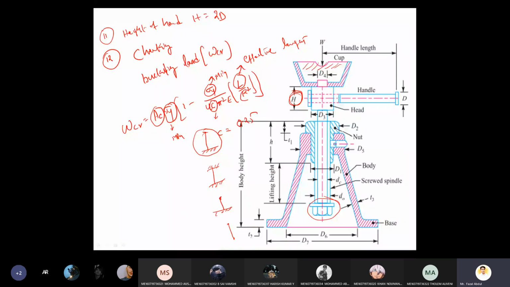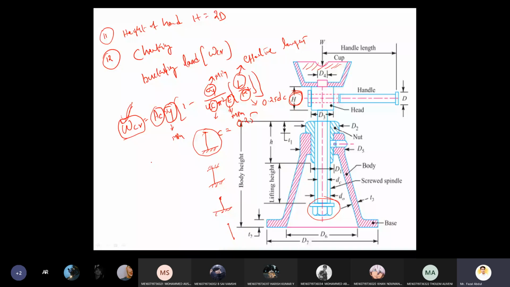The relation for K is 0.25 into D suffix C, the core diameter, or 0.225 into D suffix C. And E is the Young's modulus in megapascal, right? So all values you need to substitute here. You will get the WCR.